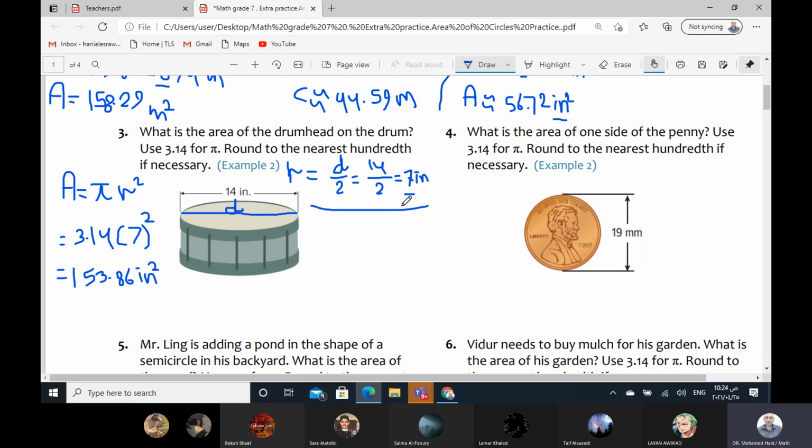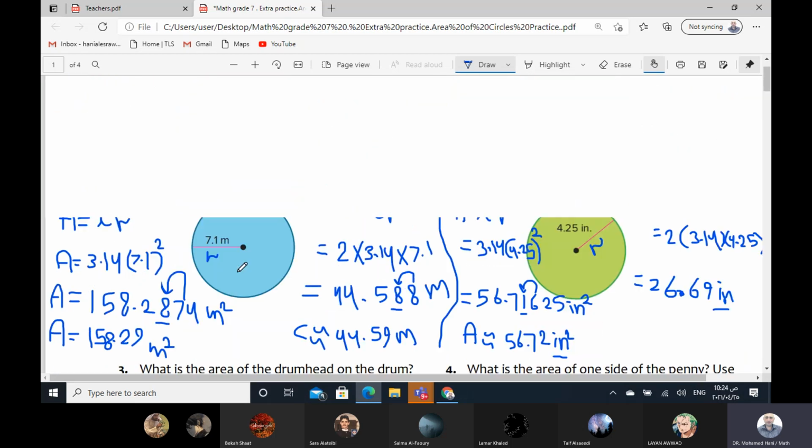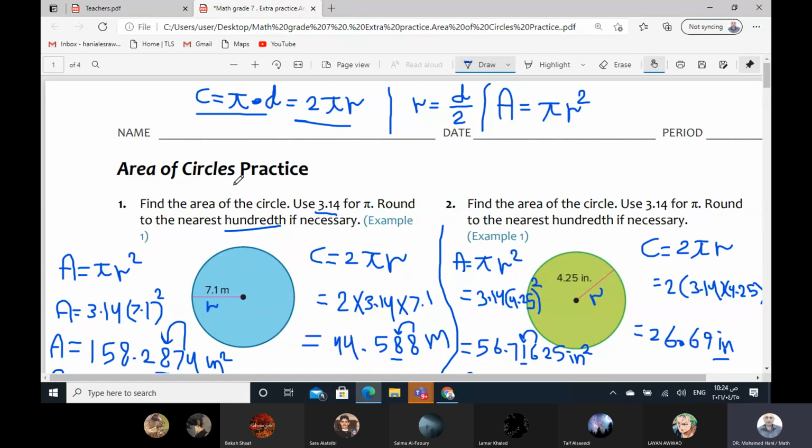If I want to find the circumference, this is not included in this question, but as you remember, we have two formulas. We can use the first formula, C equals pi times D, or the second formula, 2 pi r.